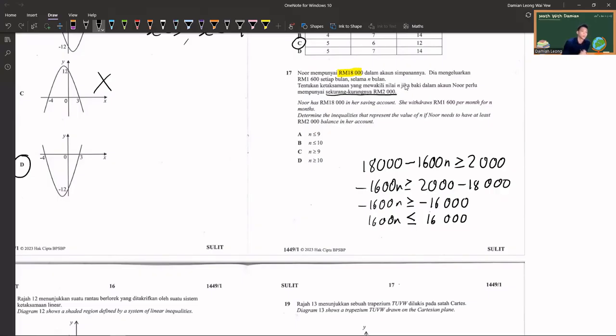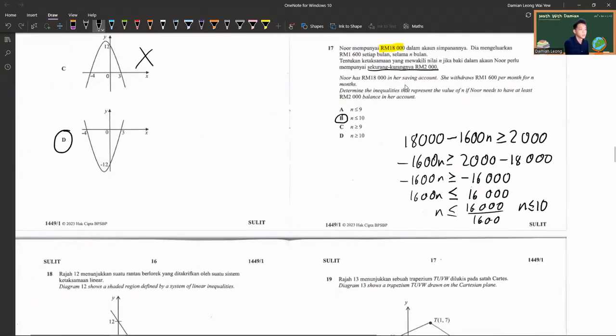It will flip to the opposite direction. Then I get rid of 1,600. 16,000 divided by 1,600 is 10, and less or equals 10. Kurang atau sama dengan 10. So answer B.